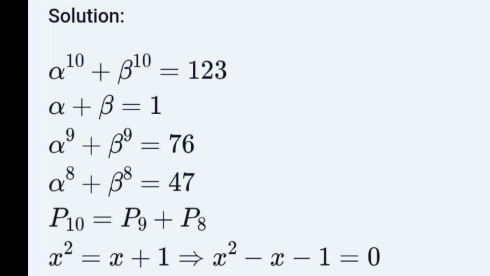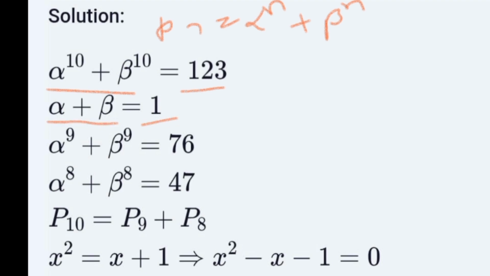Now here given, P10 is equal to 123. We know that Pn is equal to alpha power n plus beta power n. So P10 is equal to alpha power 10 plus beta power 10 is equal to 123. P1 is equal to alpha plus beta is equal to 1. P9 is equal to 76, then alpha power 9 plus beta power 9 is equal to 76.